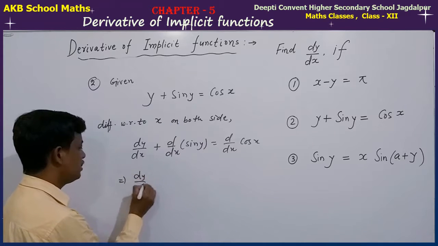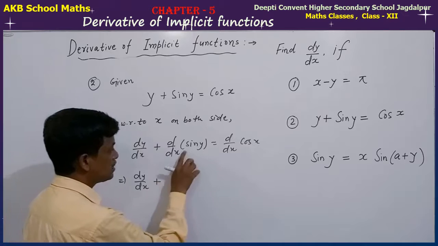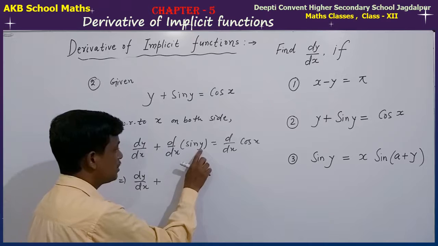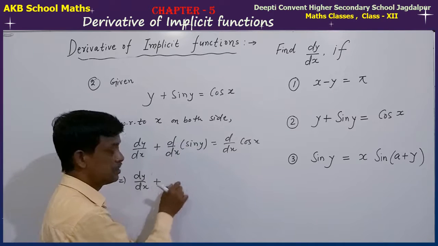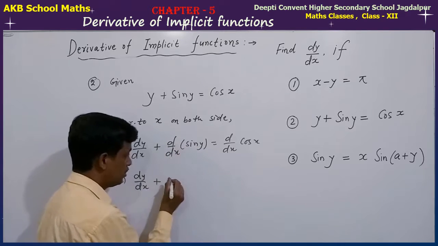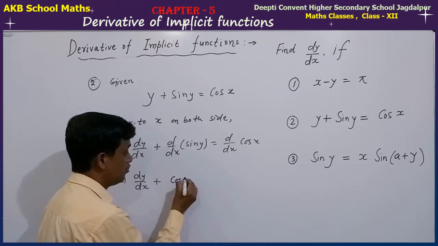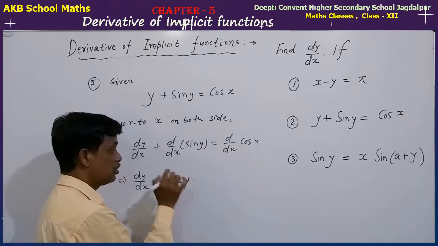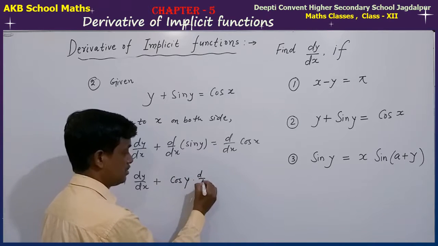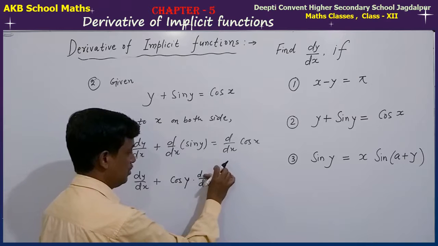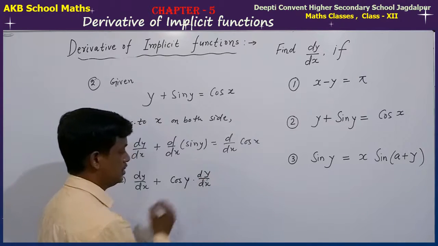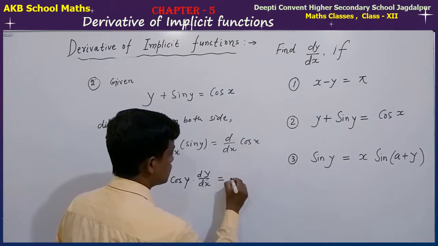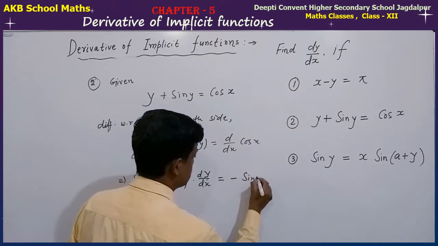Here this is dy by dx, plus sin y, where we are treating y as a function of x. So this is a composite function. First you have to differentiate sin, the differentiation of sin will be cos y, and again y is a function of x, so differentiate y with respect to x, dy by dx. This equals the derivative of cos x, minus sin x.